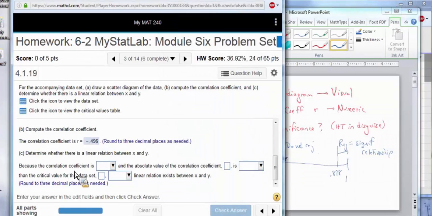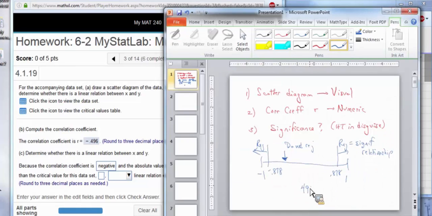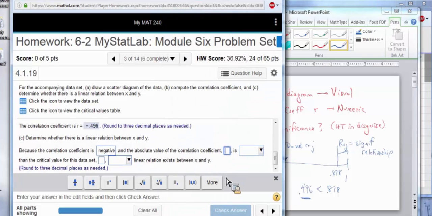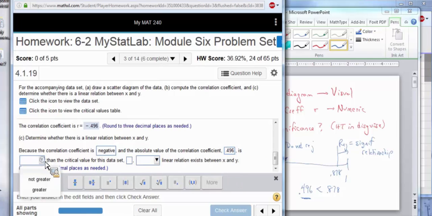Okay, so the correlation is negative, and the absolute value of the correlation, 0.496, is less than 0.878. What we're looking at is just the number part, without the sign, of the correlation coefficient. That's the absolute value. So the absolute value, 0.496, is not greater than the critical value, which was 0.878.